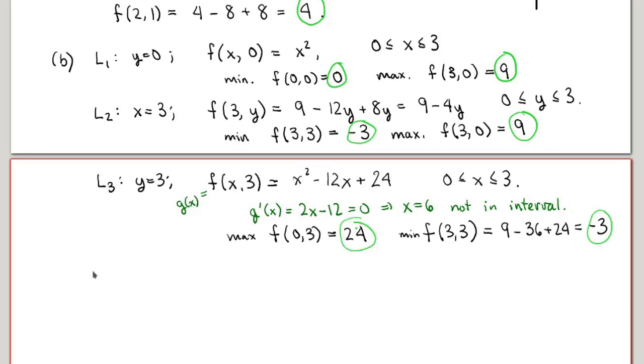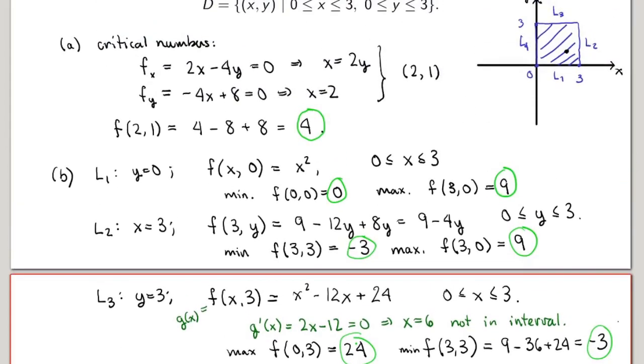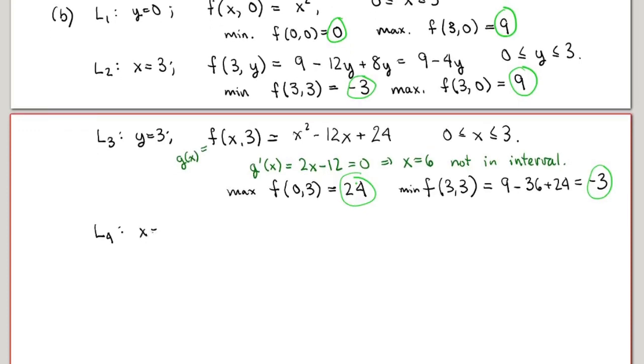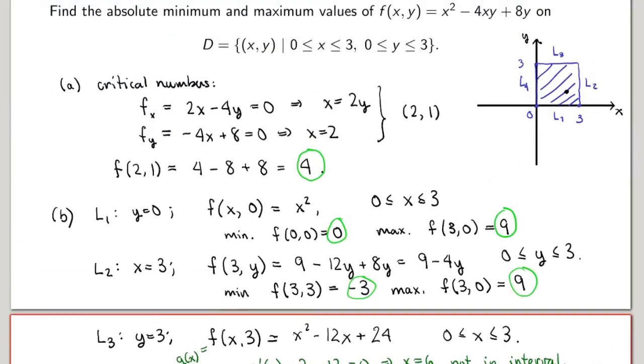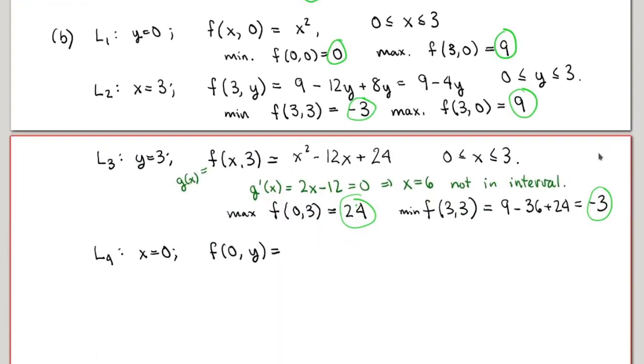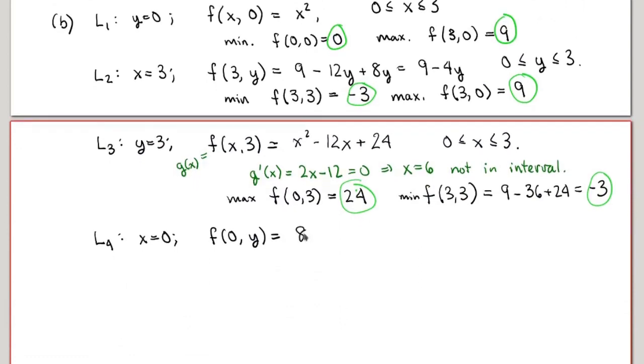All right, and there's one more line left for the whole boundary. This line was the remaining one, which is at x equals to 0. So here the function will be f of 0, y. Now looking back at the function, if I set x to 0, I'll get just 8y, with again y being defined between 0 and 3.